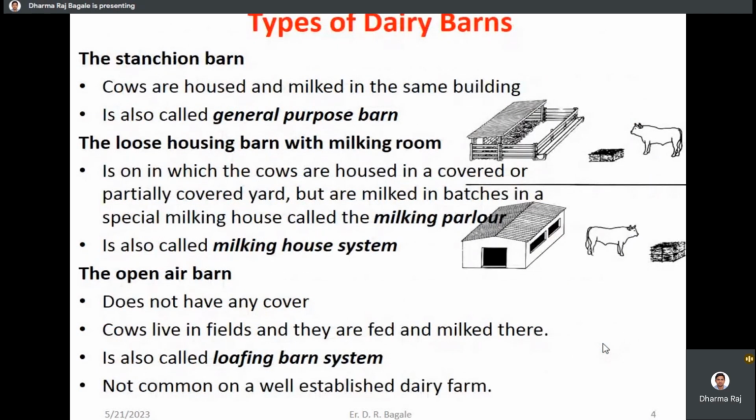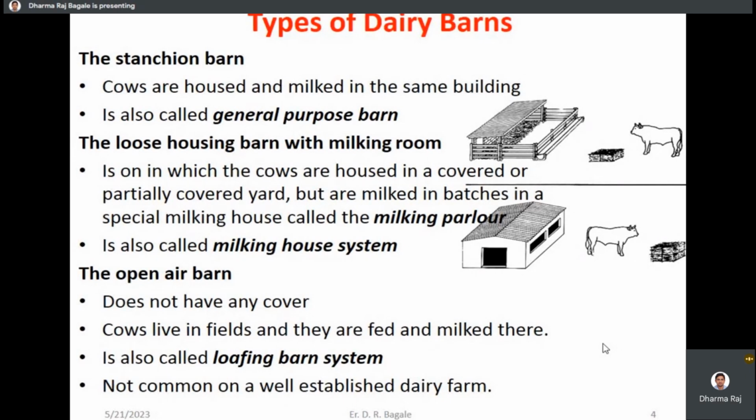And there are usually 3 types of dairy cattle housing system. They include the stanchion barn, the loose housing barn with milking room, and the open air barn. The stanchion barn is also called the general purpose barn, in which animals are housed and milked in the same building.